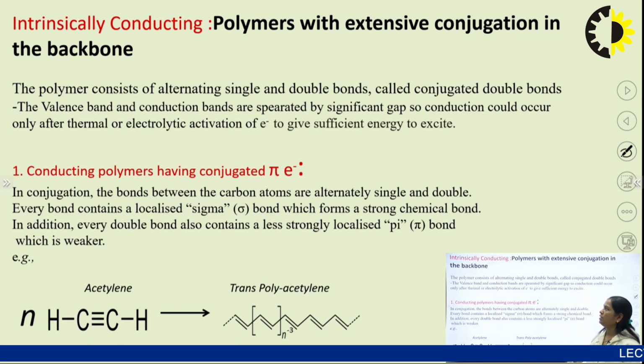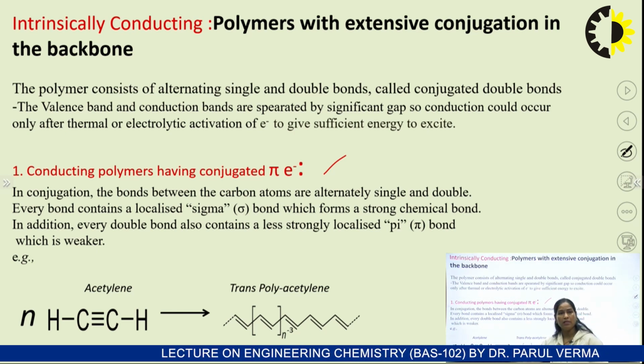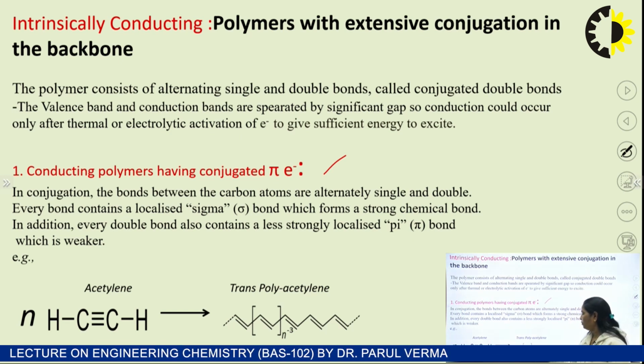The first class is intrinsically conducting polymer, and among these the first class is conducting polymer having conjugated pi electrons. As I told you just now, when the acetylene molecule is polymerized to form polyacetylene, it has pi bonds in it.